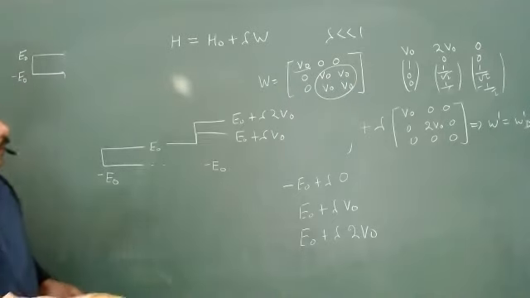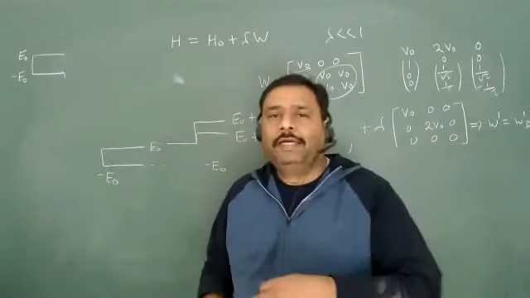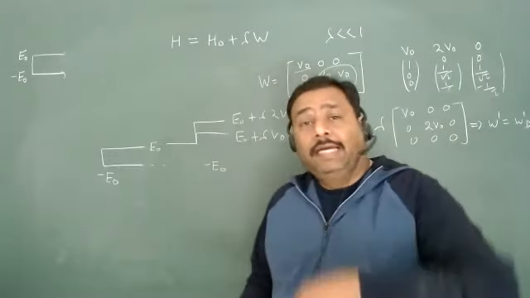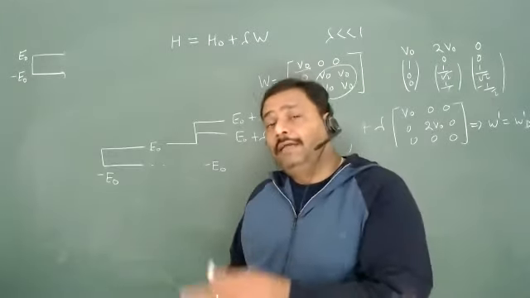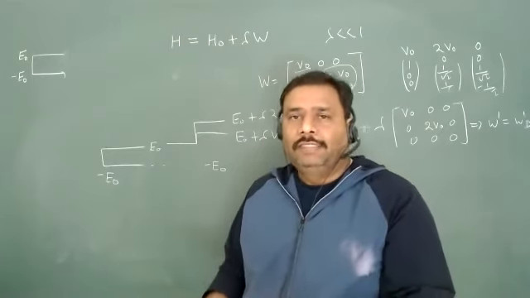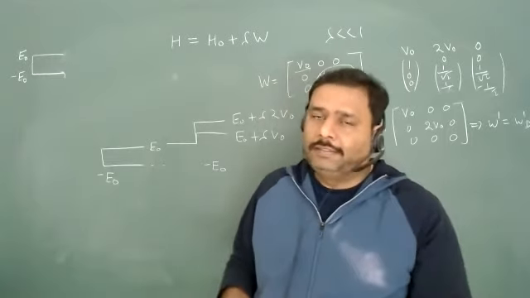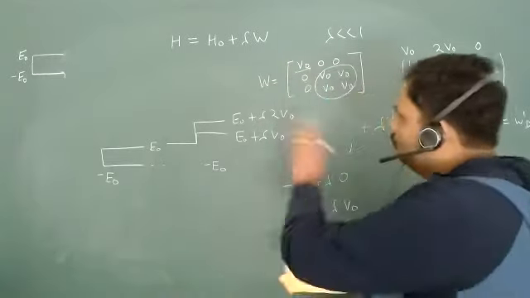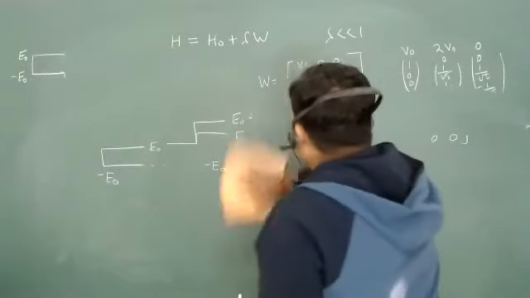Okay. So let us go for one more problem like that. Then we will go for tomorrow. We will go for the next level of problem where I have to write first H naught and then W dash, and where you will see W dash is not diagonalized. And then we can diagonalize W dash and then we can find the answer. So every type of problem is there. Today we are focusing on this particular type of problem.